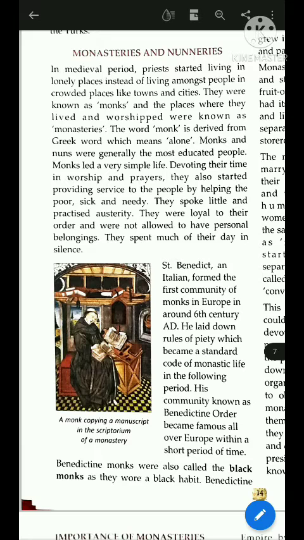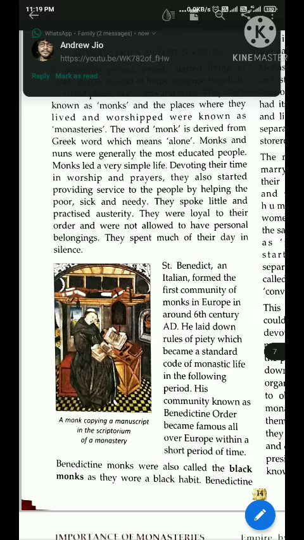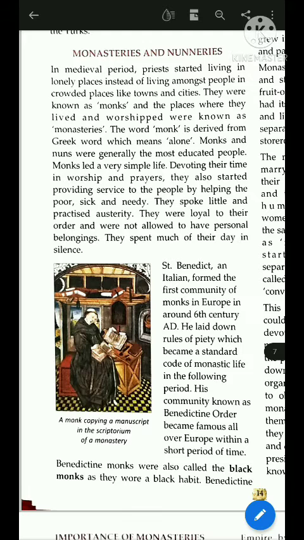These priests were known as monks, and the places where they lived and worshipped were known as monasteries.